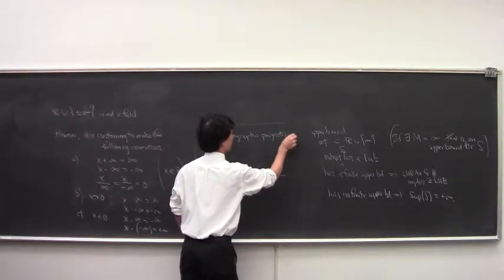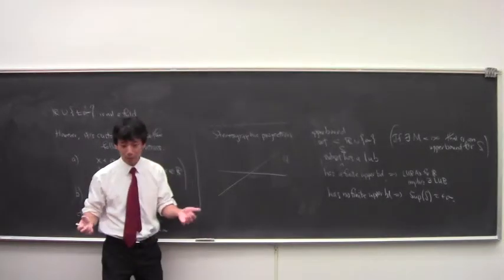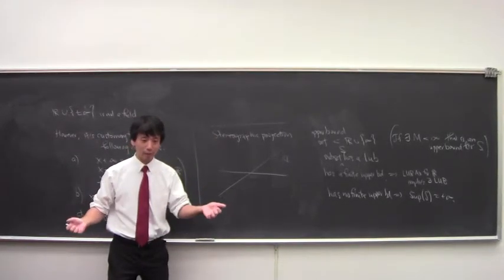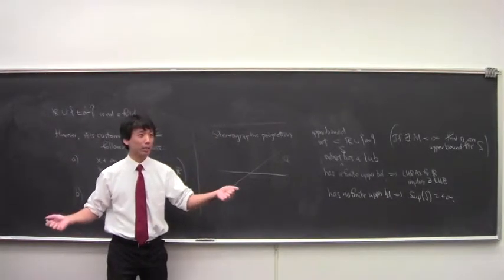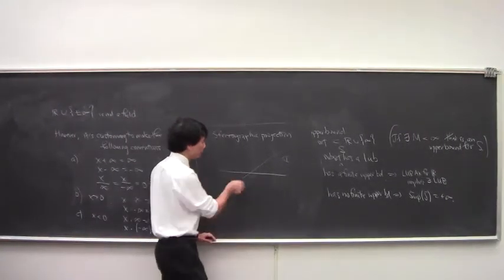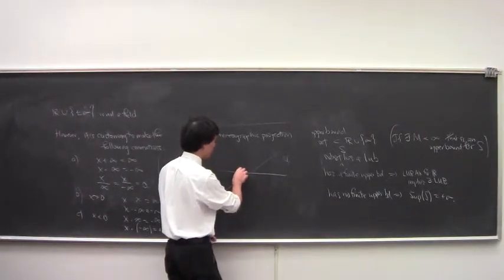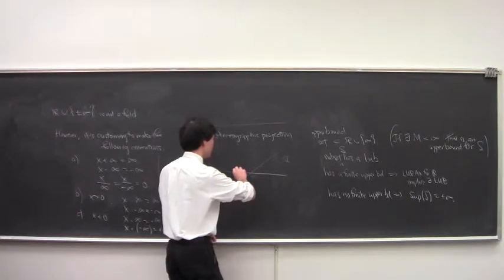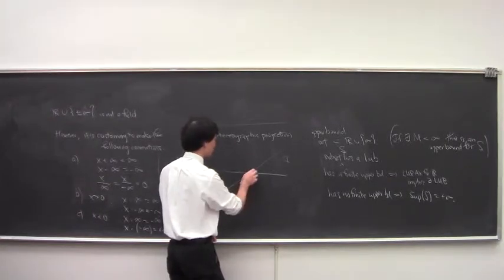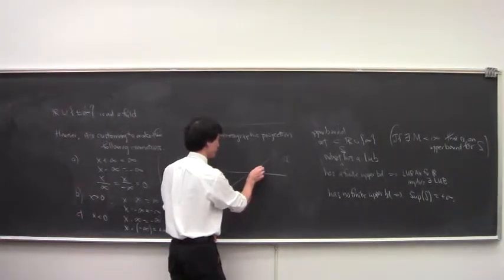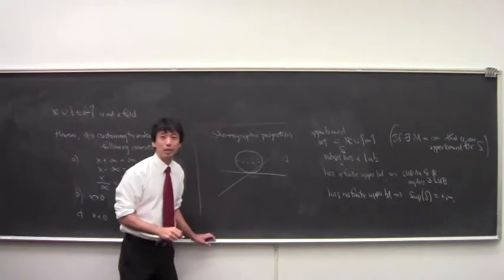So what we just did was we basically said, let's create these things, positive infinity and negative infinity. With stereographic projection, here's what you do. You take a unit sphere, and you sit it on top of the origin here.